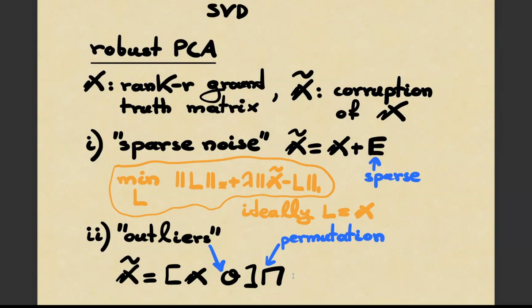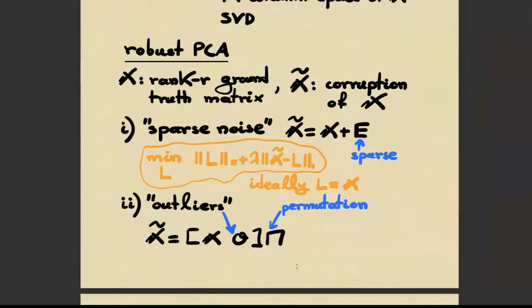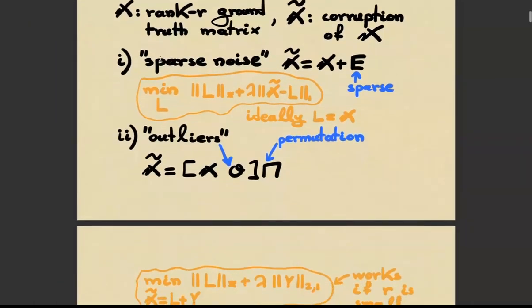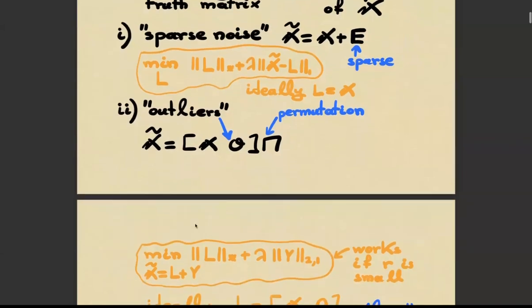Now this pi here is some permutation that permutes the columns of X tilde, just to tell us that we don't know which point is an inlier and which is an outlier. Along the lines of the sparse noise, it's typical to consider this convex optimization problem.